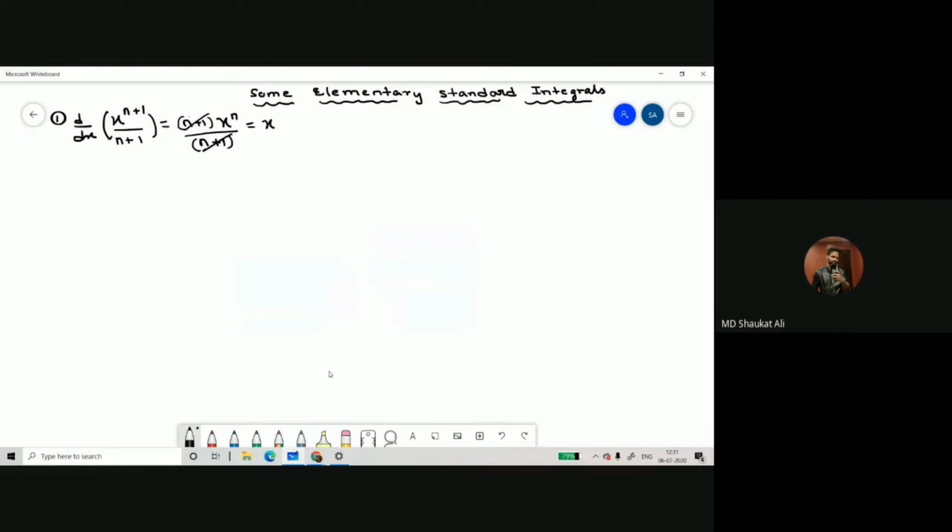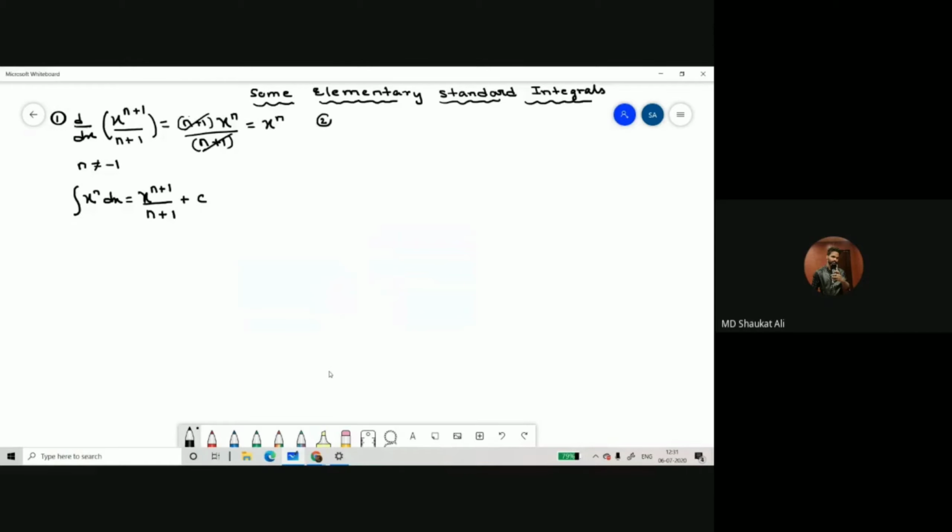This becomes x to the power n, and of course n not equal to minus 1. So d/dx of x^(n+1)/(n+1) is x to the power n, which means my first standard integral, integration of x to the power n dx, is nothing but x^(n+1)/(n+1) plus c.